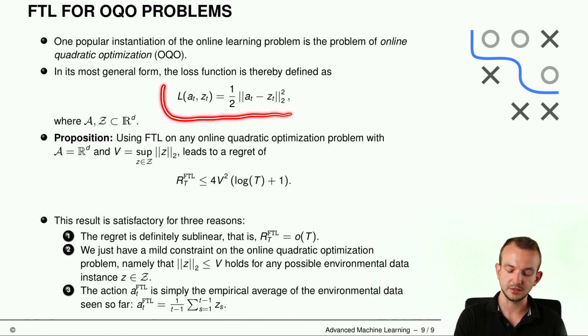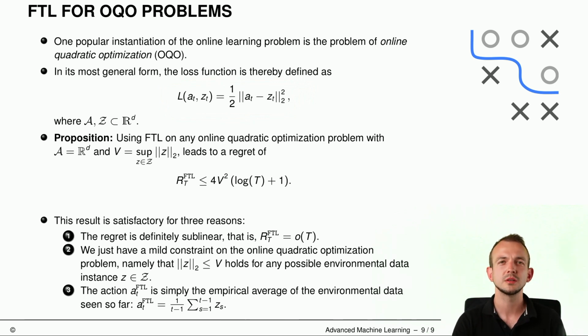This is due to the fact that we have the quadratic loss function, and having in mind that the follow the leader algorithm is very similar to empirical risk minimization, where we know from supervised learning that the model without a feature space is essentially the one looking at the empirical average over the data points, over the features.